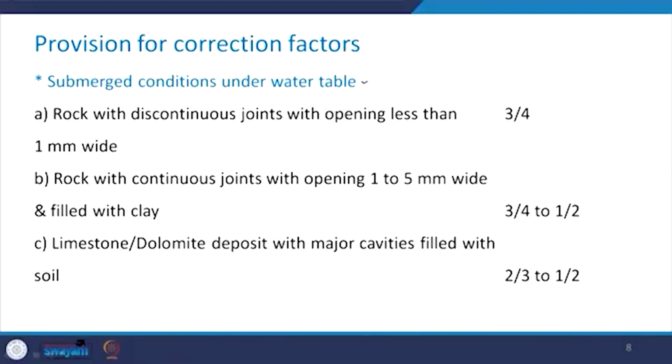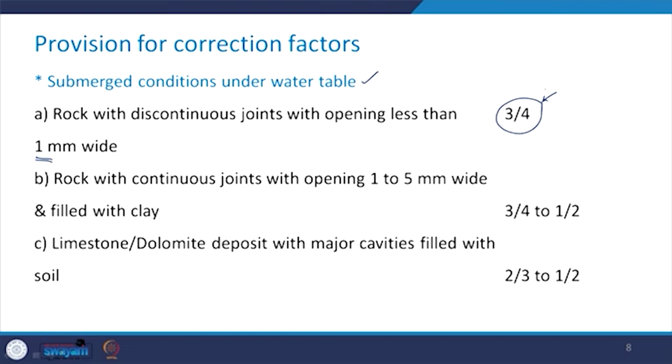So, the first one is the submerged conditions under water table. In case you have the rock with discontinuous joints with opening less than 1 millimeter wide, in that case the correction factor to account for the submerged conditions under water table should be taken as 3/4. So, whatever is the bearing pressure that you have obtained from the pressure versus settlement curve from the plate load test data, that you should multiply by 3/4 in order to obtain the allowable bearing pressure.